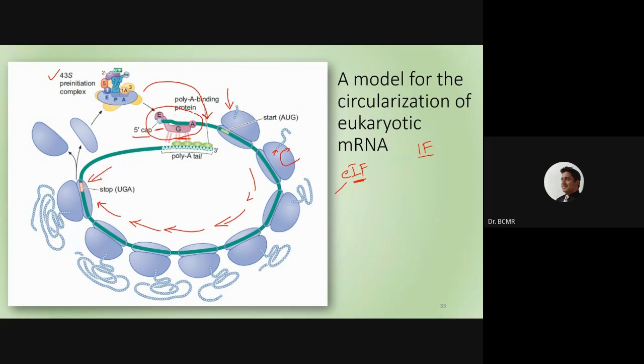Eventually there is a stop codon, where the ribosome will dissociate, and the mRNA will retain this circularization between the initiation factors bound at the 5' side of the mRNA and the poly A tail present at the 3' end. So there is an interaction between eIF4G and the poly A binding proteins, and that keeps it circularized.